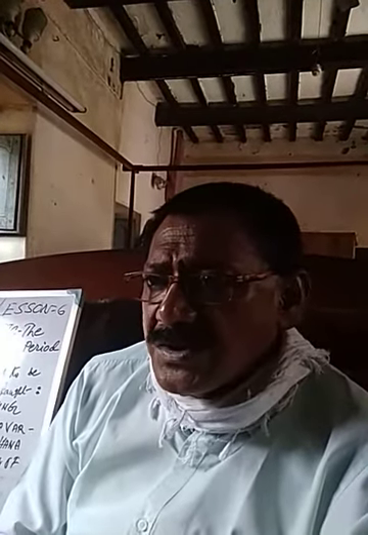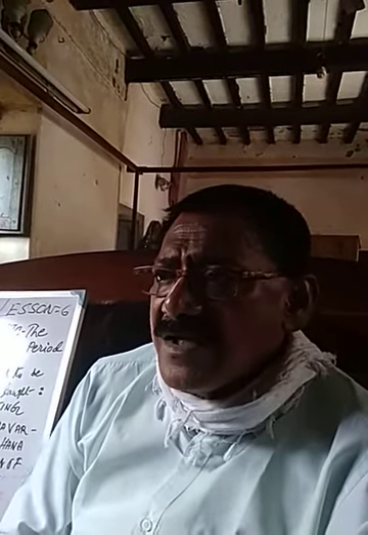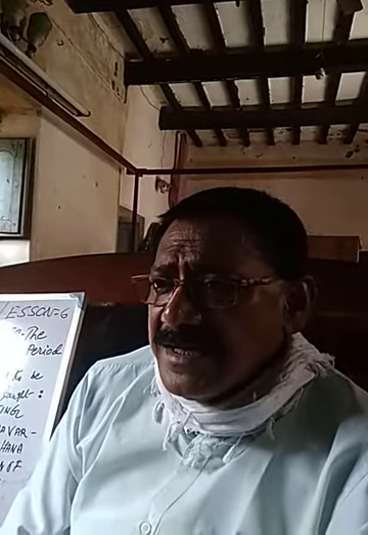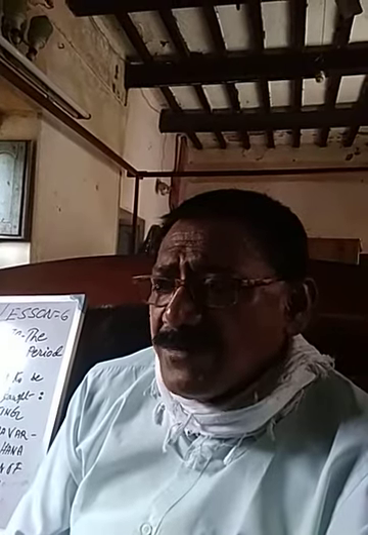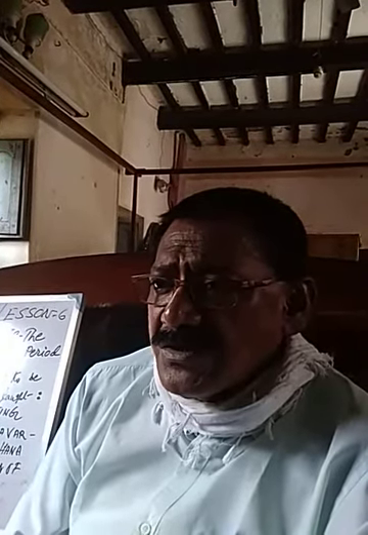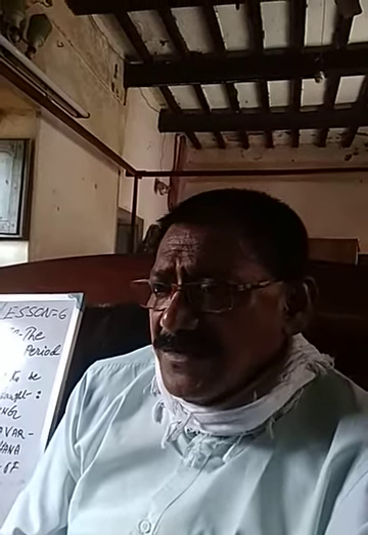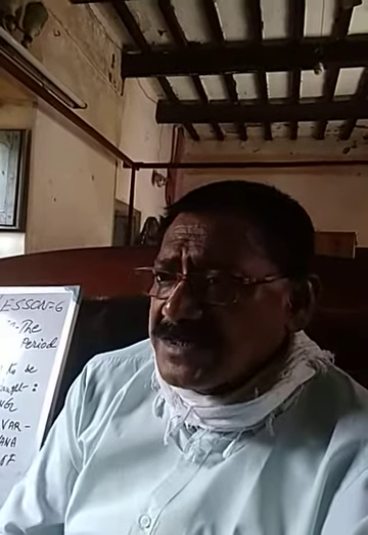Who was Pulakeshin II? Pulakeshin II was a powerful ruler of the Deccan. It was very unexpected that a ruler like Harshavardhana would be defeated by Pulakeshin II. I don't know whether Pulakeshin II thought that he would be able to defeat Harshavardhana.